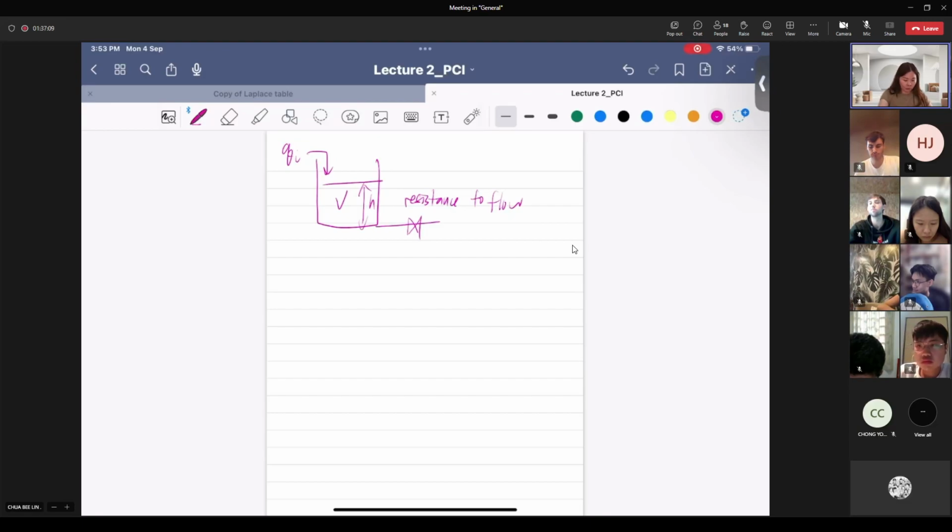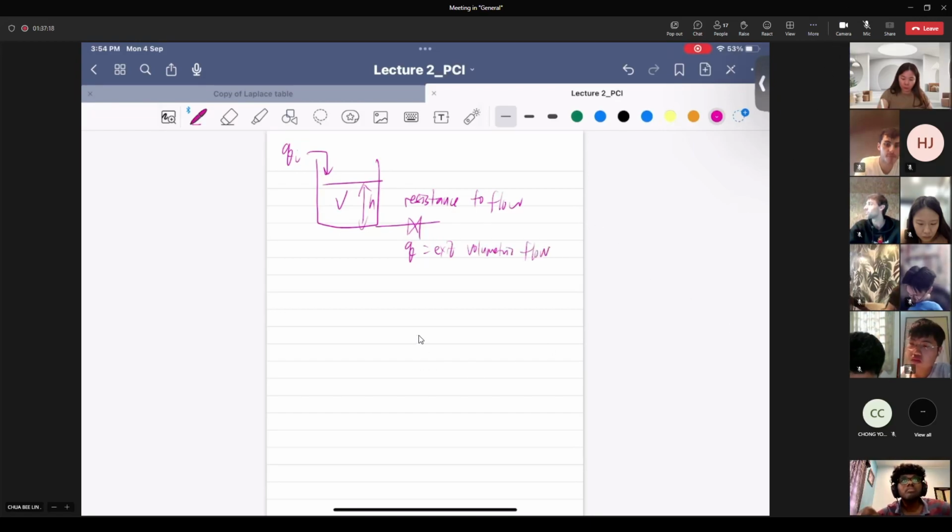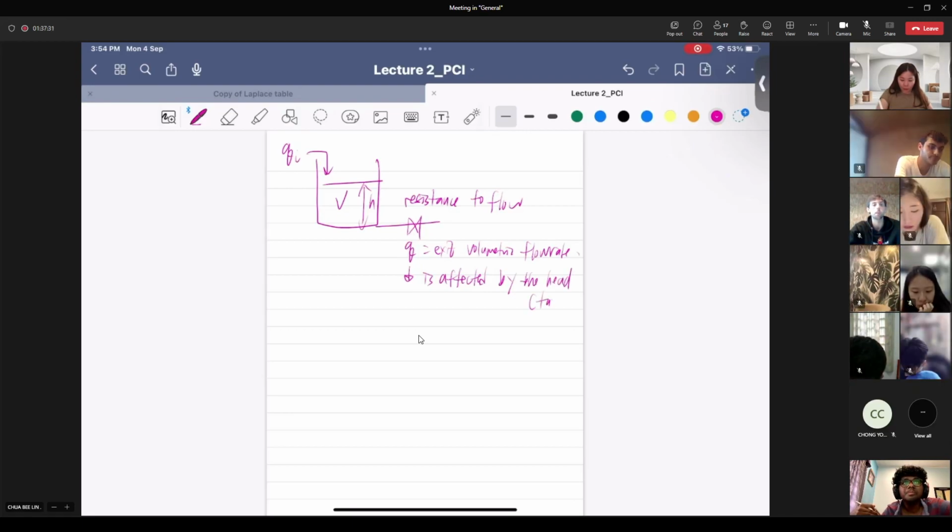Resistance to flow means this is your exit flow rate, so this is the exit volumetric flow rate. Resistance to flow means this Q is affected by the head, which is the tank level.